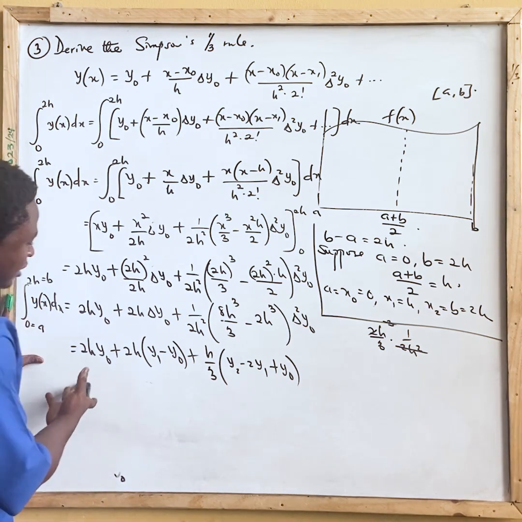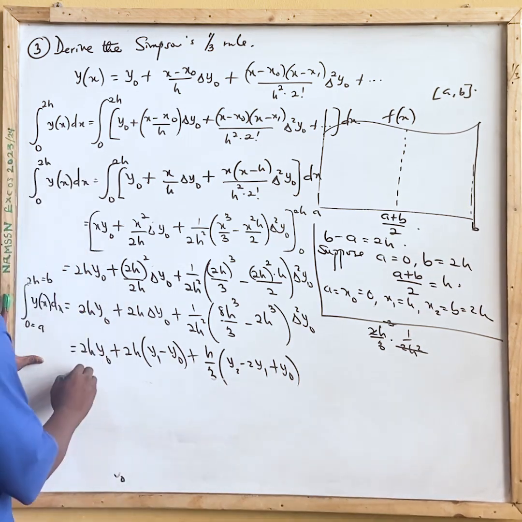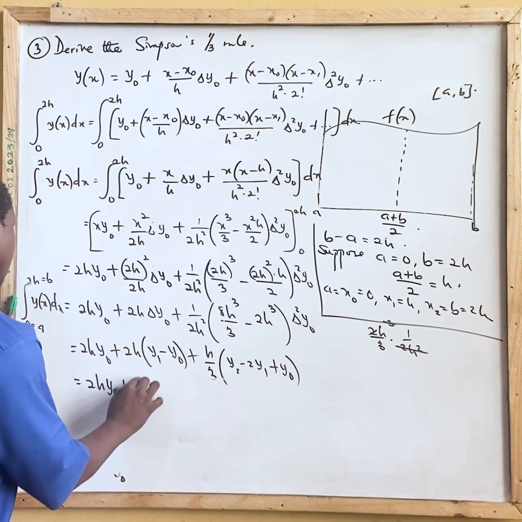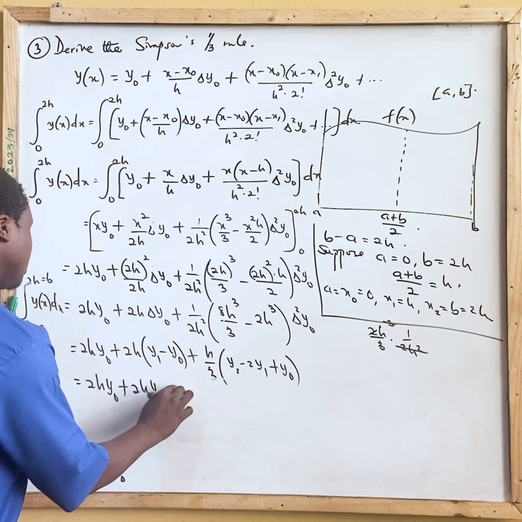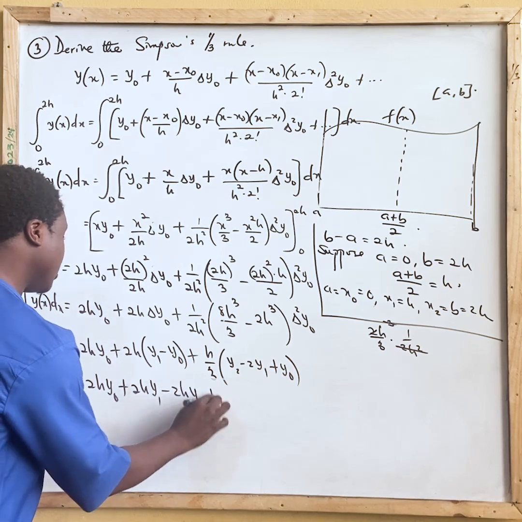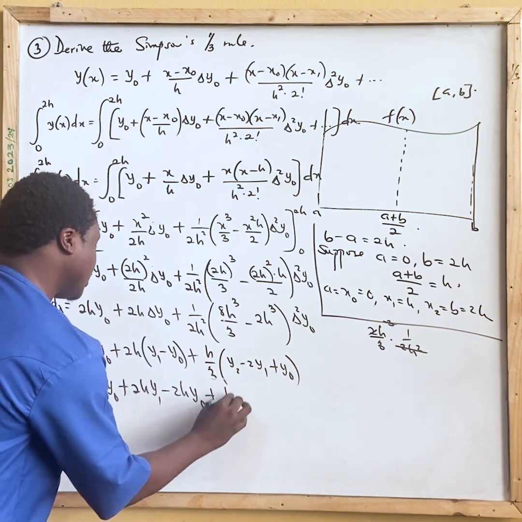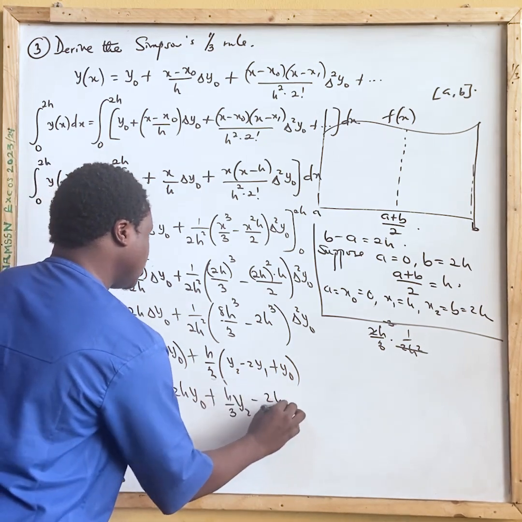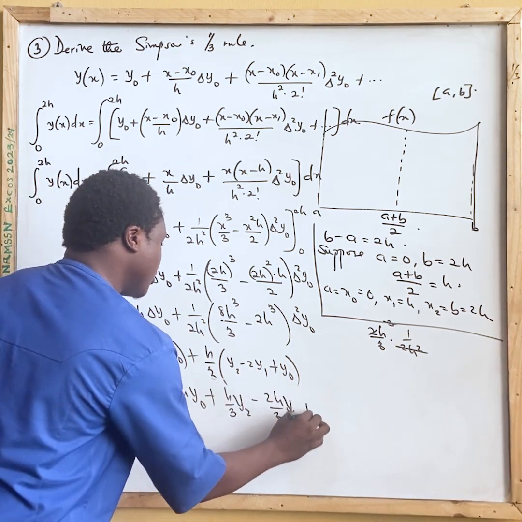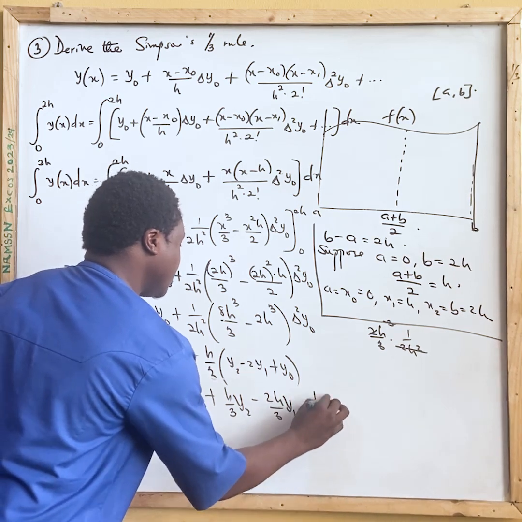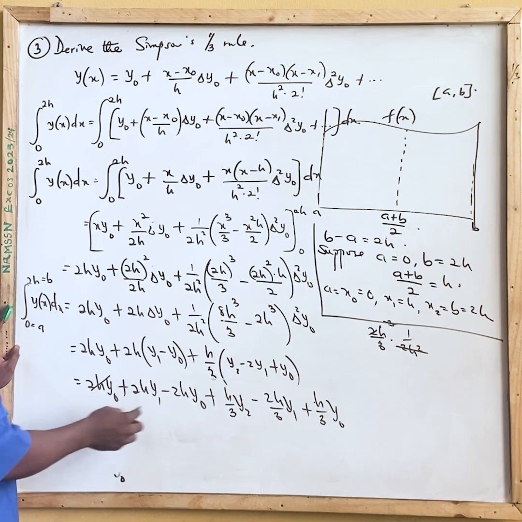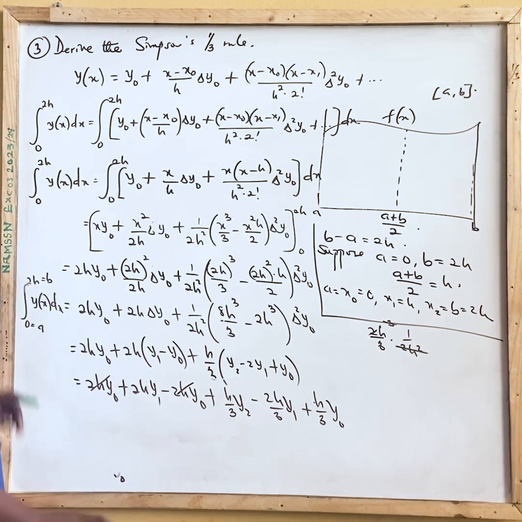So let's simplify. We have this to be 2h y naught plus 2h y1 minus 2h y naught plus h over 3 y2 minus 2h over 3 y1 plus h over 3 y naught. Some things can go away: I can do away with 2h y naught minus 2h y naught.